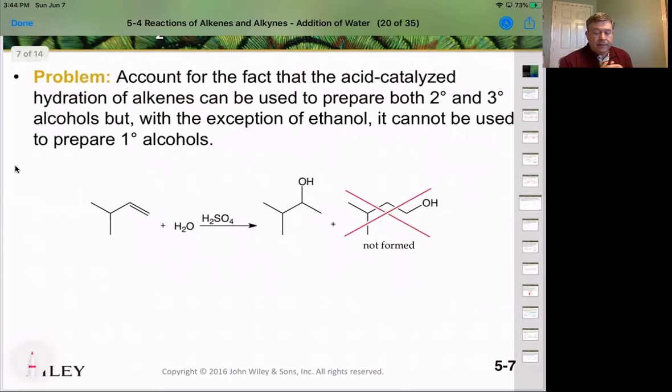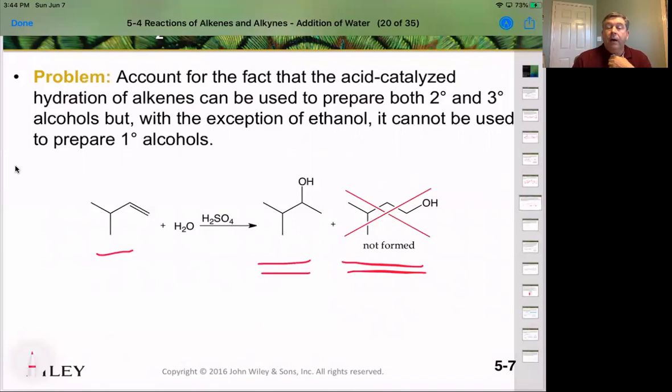Okay, so let's look at a different substrate and see if we can generate different kinds of reactions. Why can't we generate this product, but we can generate this product with this species here? Okay, so it all has to do with the idea that if there's only one hydrogen here and two hydrogens here, our hydrogen will always add to the side with more hydrogens, meaning our alcohol will always be on the more substituted carbon.